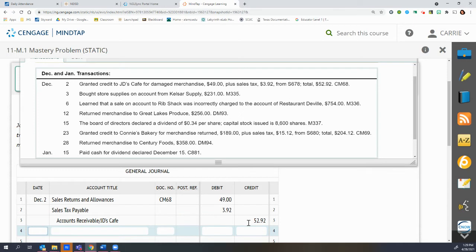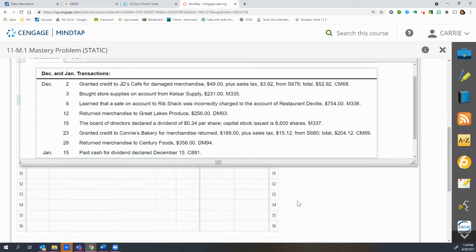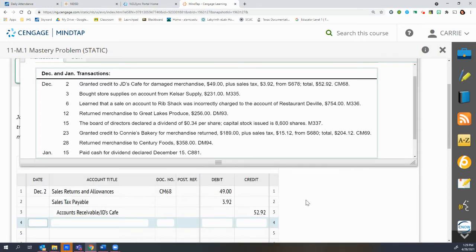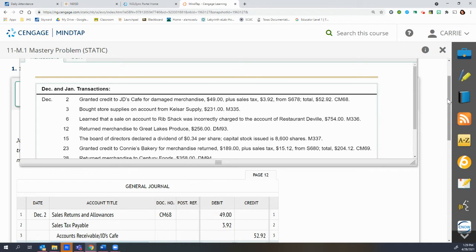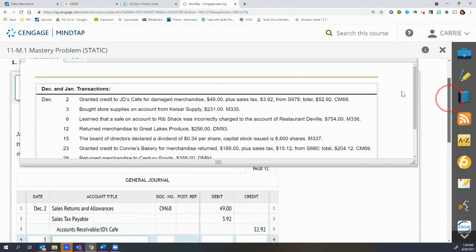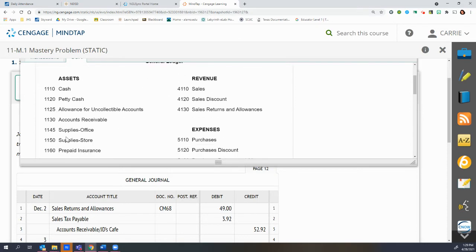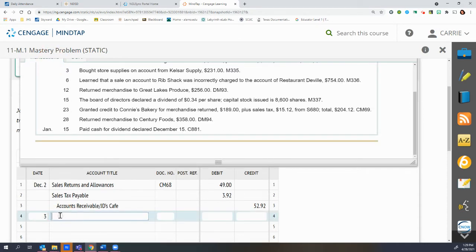And then we bought supplies on account from Kessler Supply. So this is the third. And we bought store supplies on account. So we don't know what they're naming their supplies, so we can definitely go back to our chart of accounts again and look in our assets, and it's supplies-store. That's pretty standard for this book, but I like to look.